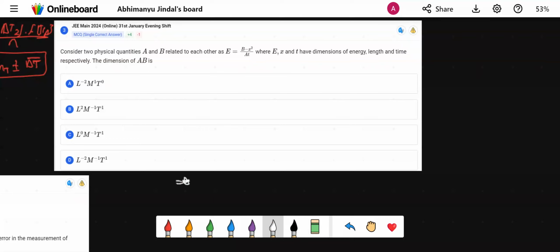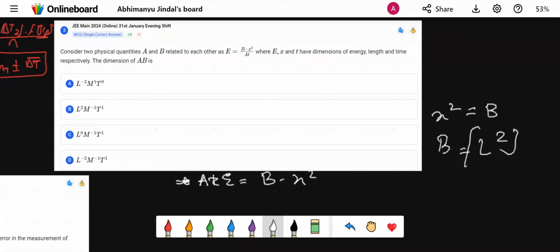E equals B minus x squared by AT, so ATE equals B minus x squared. So x squared has dimension of B, and x is length. So if x is length, B is length square, and ATE is length square.